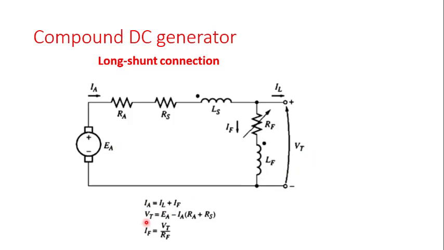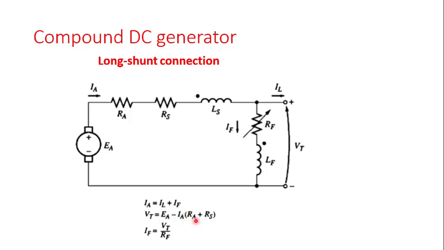So let's see. Now the terminal voltage is equal to the internally generated voltage minus, now we add this resistance to this resistance, then we multiply by the current that flows through them, because it is the same current that flows through them, and we know how we were able to get this in the series generator analysis.